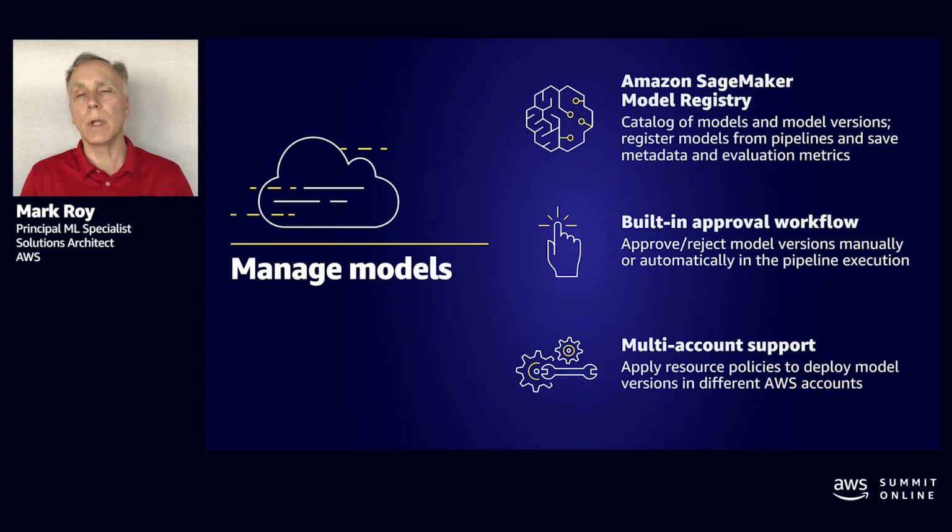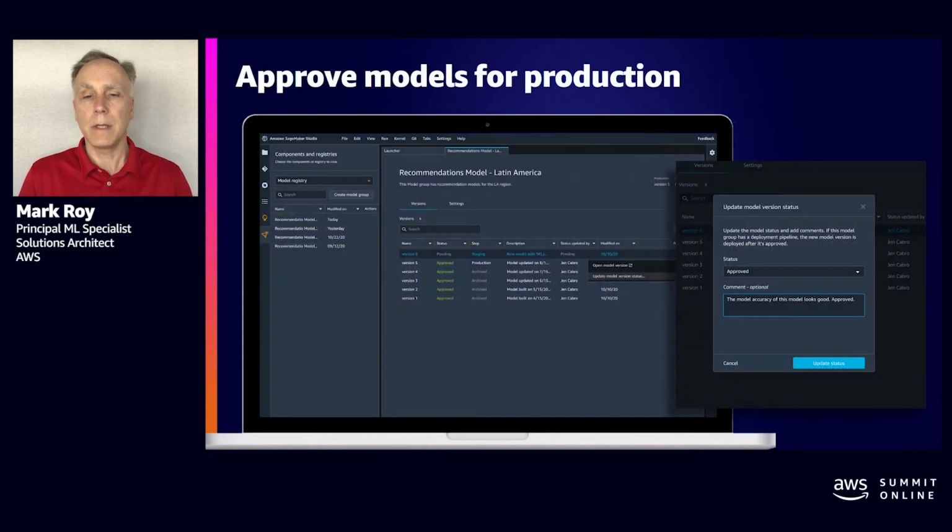So that's all built in as far as cross-account support goes. Here is a picture of 6 different versions of one model in the registry with a dialog for doing a manual approval step. And you'll see this in the demo very shortly.